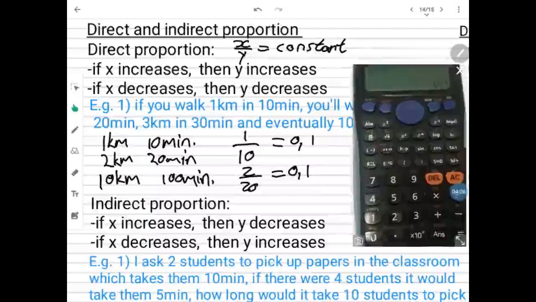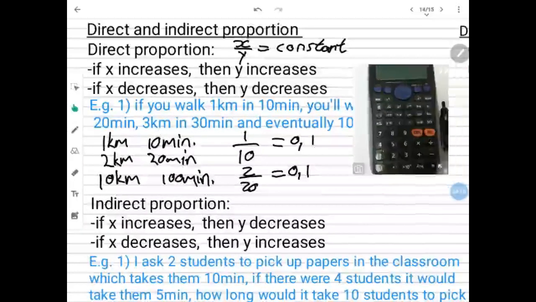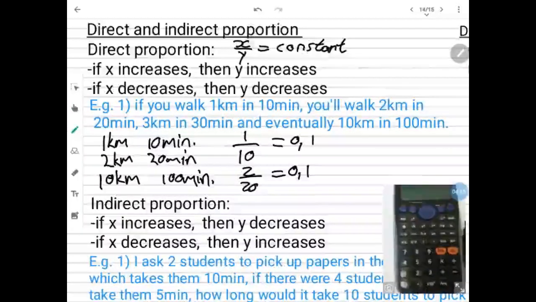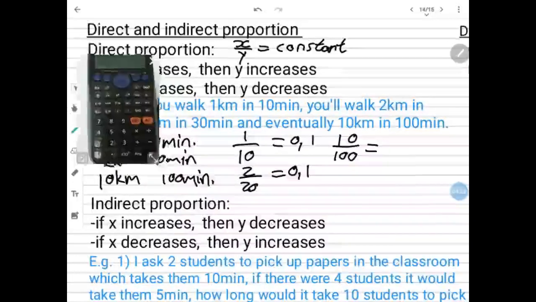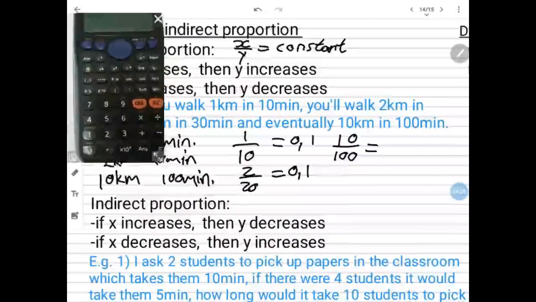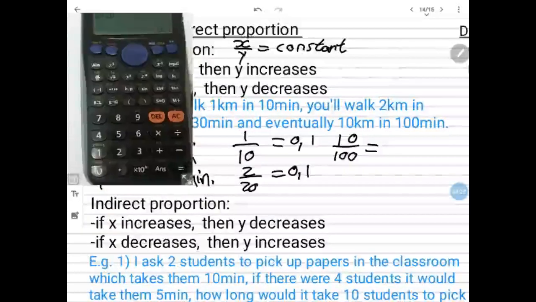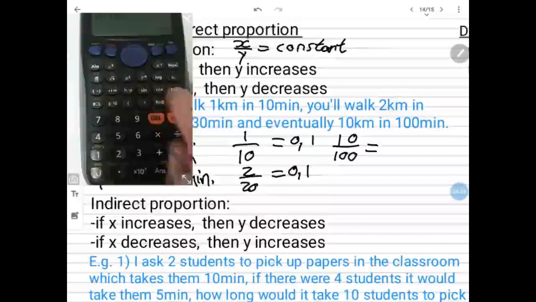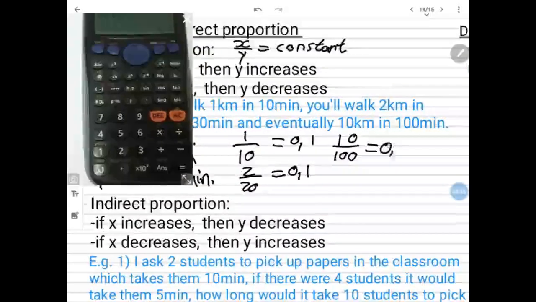The last one, 10 kilometers divided by 100 minutes, is exactly the same, 1 over 10 or 0,1.